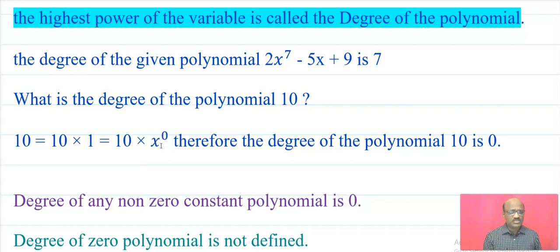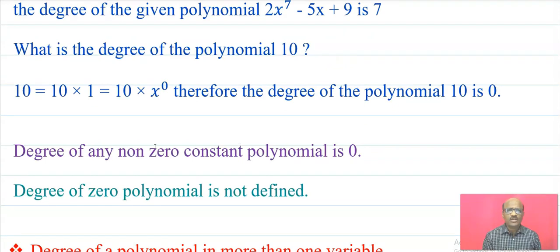The index of x is 0, so the degree of this polynomial is 0. Therefore 10 is a polynomial whose degree is 0. म्हणून जेव्हा constant number असतील 31, 50, 100, constant number चे प्रत्येकदा आपण degree किती घेणार तर 0 घेणार.